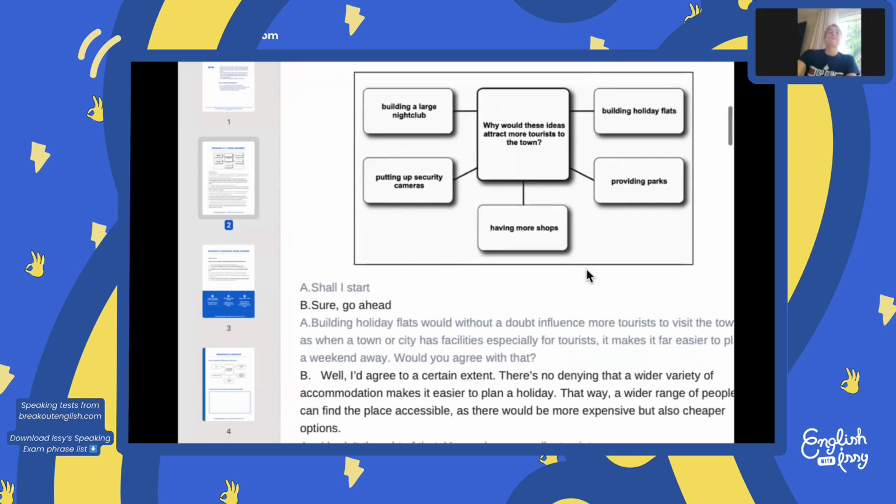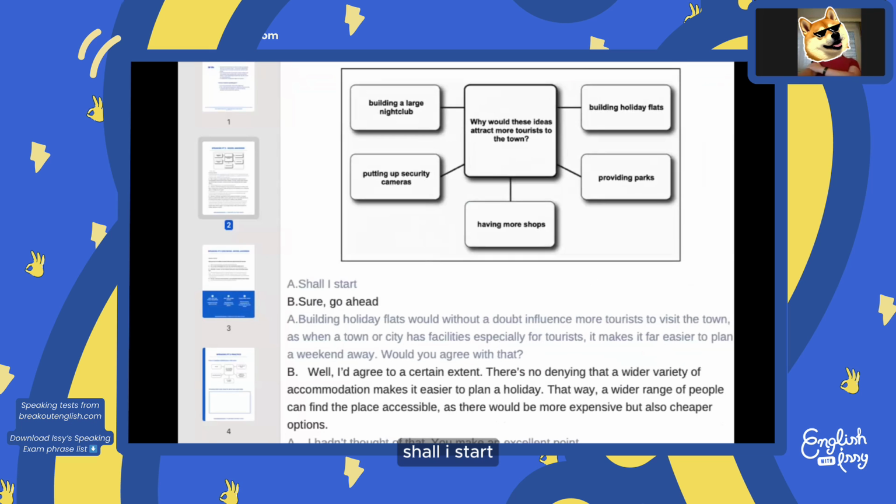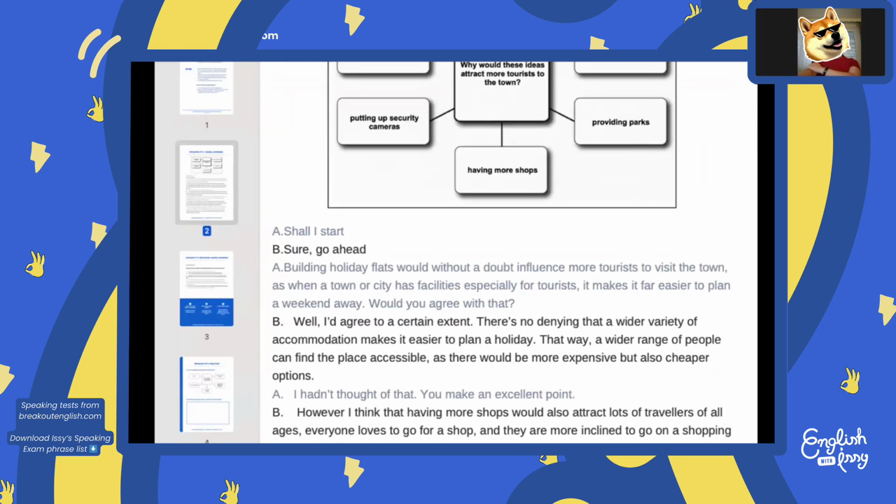Okay. Shall I start? Sure, go ahead. Building holiday flats without a doubt influence more tourists to visit the town. As when a town or city has facilities especially for tourists, it makes it far easier to plan a weekend away. Would you agree with that?